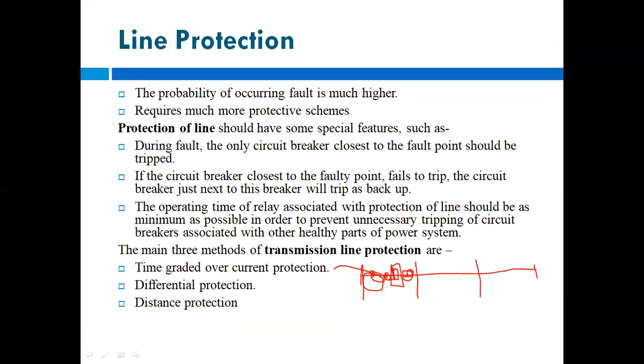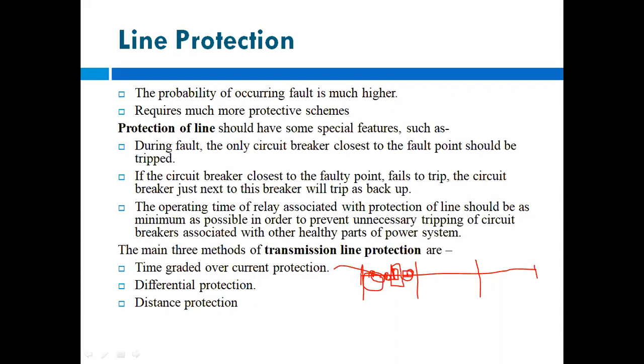The second feature is that if the circuit breaker closest to the faulty point fails to operate or trip, then the circuit breaker next to it will trip as the backup.